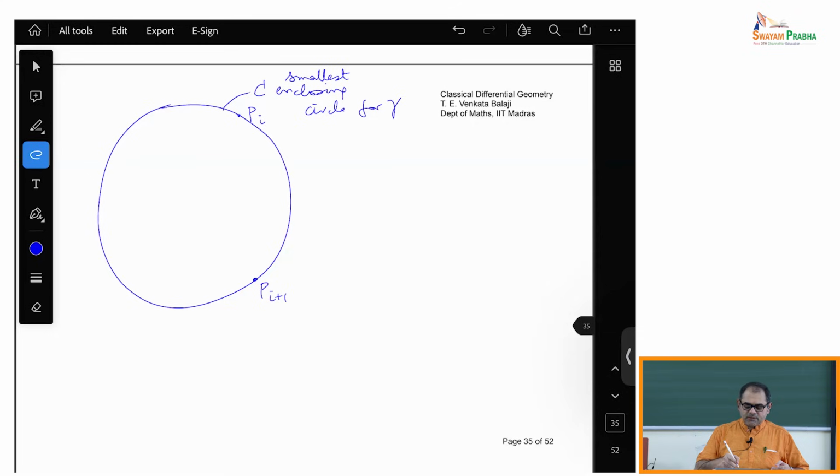These are 2 consecutive points where gamma touches the enclosing circle. This is a portion of gamma near Pi, and this is a portion of gamma near Pi plus 1. In both of these cases, the signed curvature of gamma at Pi is greater than or equal to the curvature of the circle, which is of course 1 by the radius of the circle.